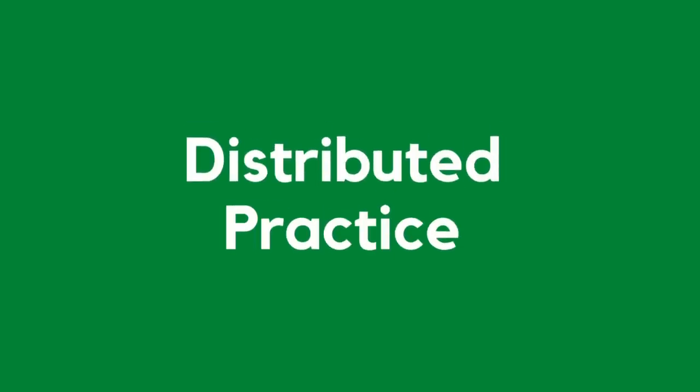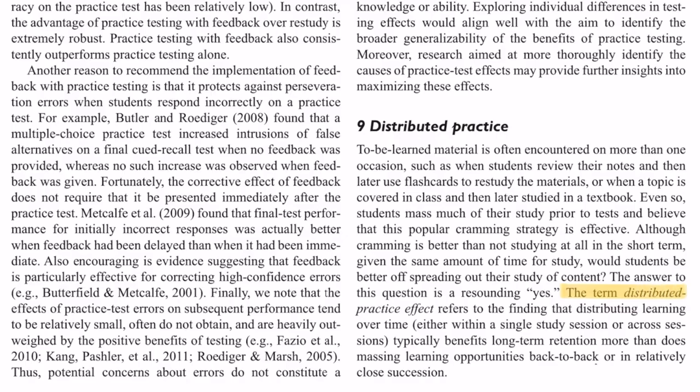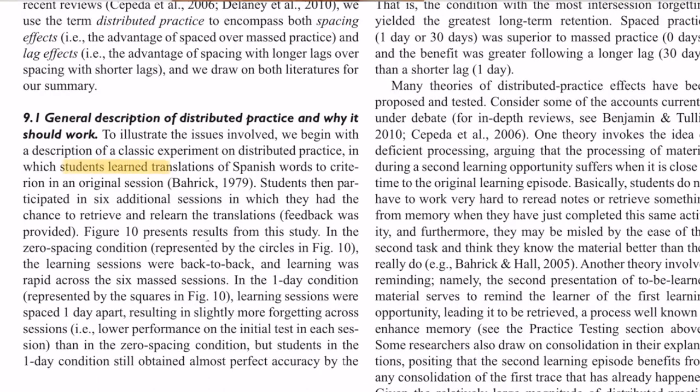The second studying method is distributed practice. Distributed practice means that rather than trying to study everything at once, we distribute our study sessions over time. In a study conducted in 1979, students learned translations of Spanish words to a different language.